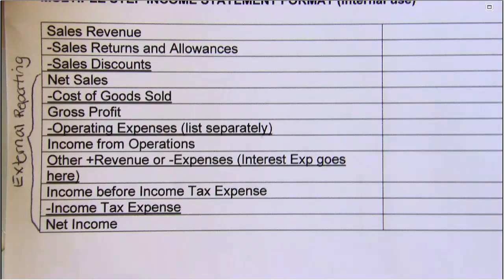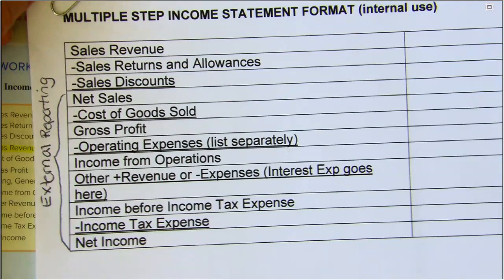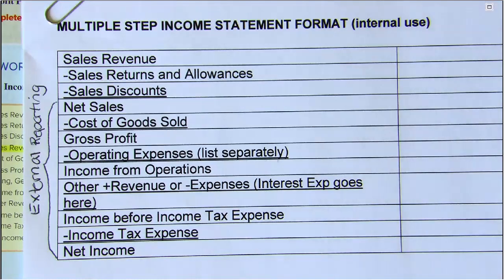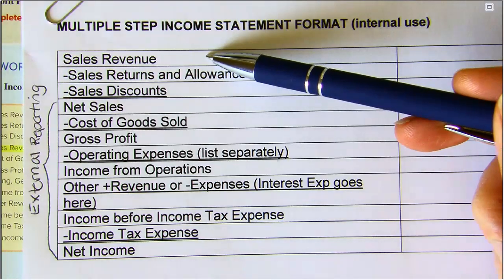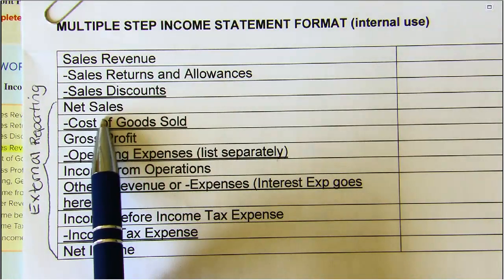Now, when you're doing your homework on the Chapter 6 Accounting Essentials document, I've given you a format that you can follow. Now, our textbook problems do not always follow this exact format, but hopefully it will give you at least a starting point. The internal user would begin with the first line and use this entire chart. External reporting would begin with net sales.